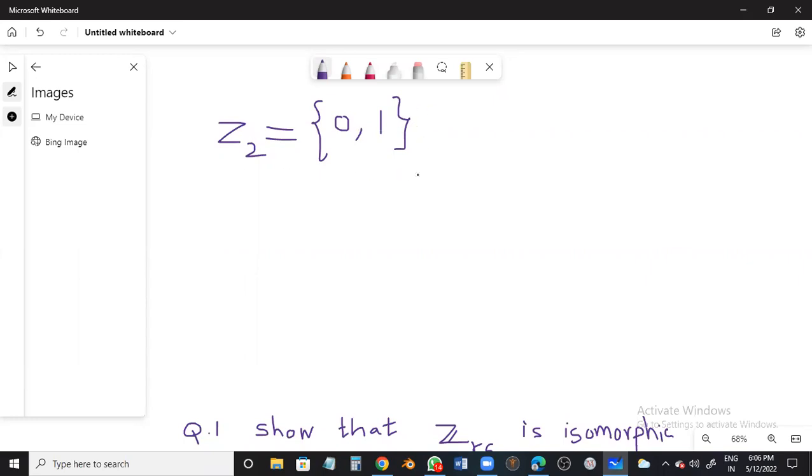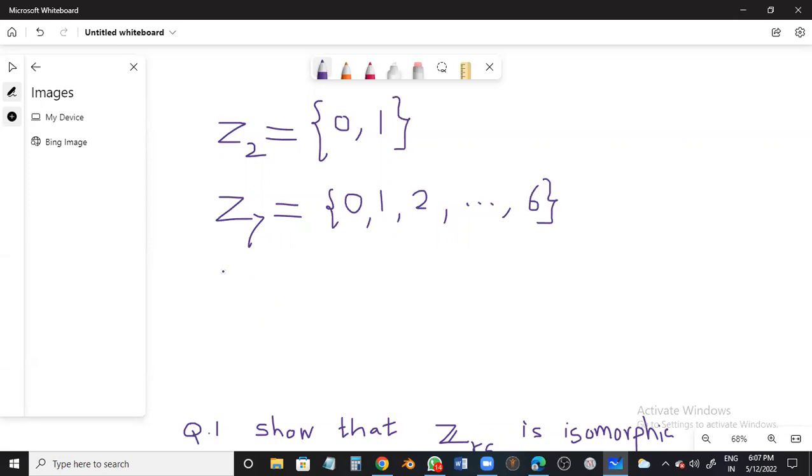So Z2 is 0, 1. As far as Z7 is concerned, what is it? Starting from 0, we have 1, 2, up to 6. So these are the possible remainders as we know. Z2 and Z7 we have written.